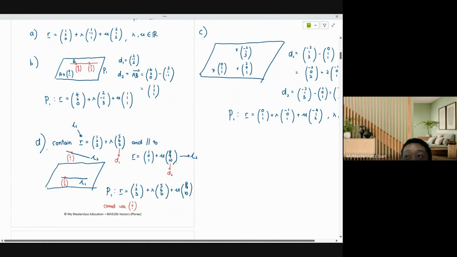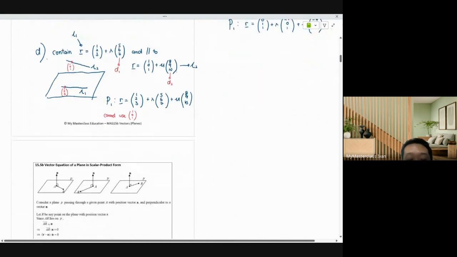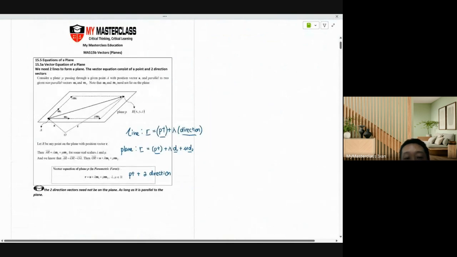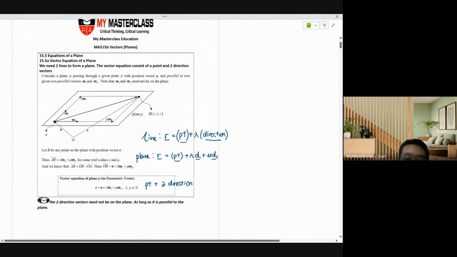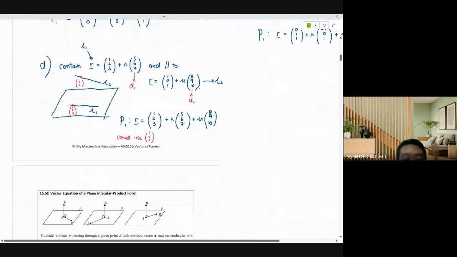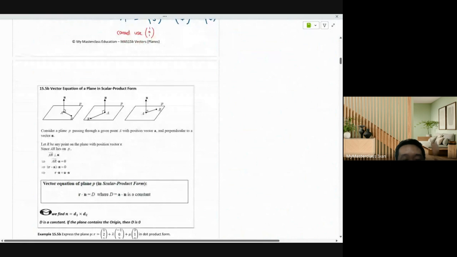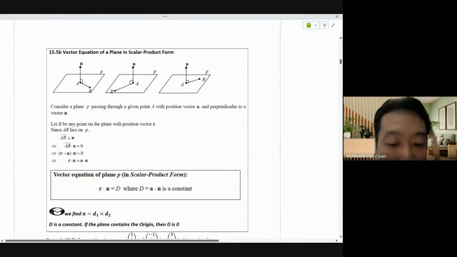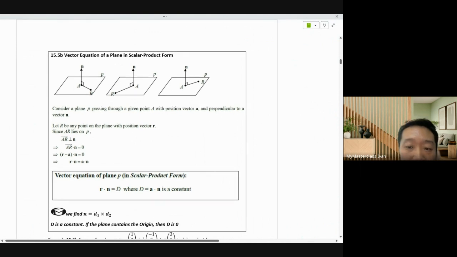Okay, then now we need to know how to convert. Okay, so the first part is a plane has a point plus 2 direction. Okay, that's called a vector equation. Okay, so now a vector equation can convert to a scalar dot product form.